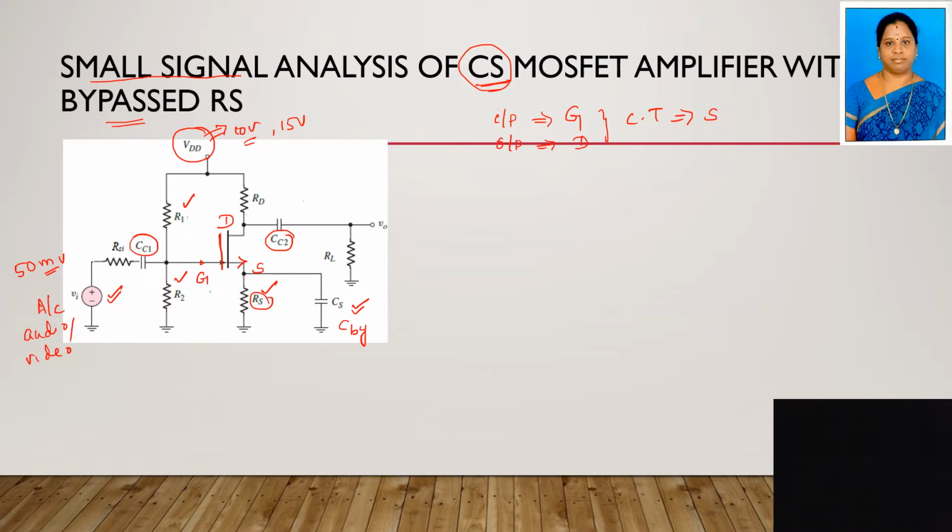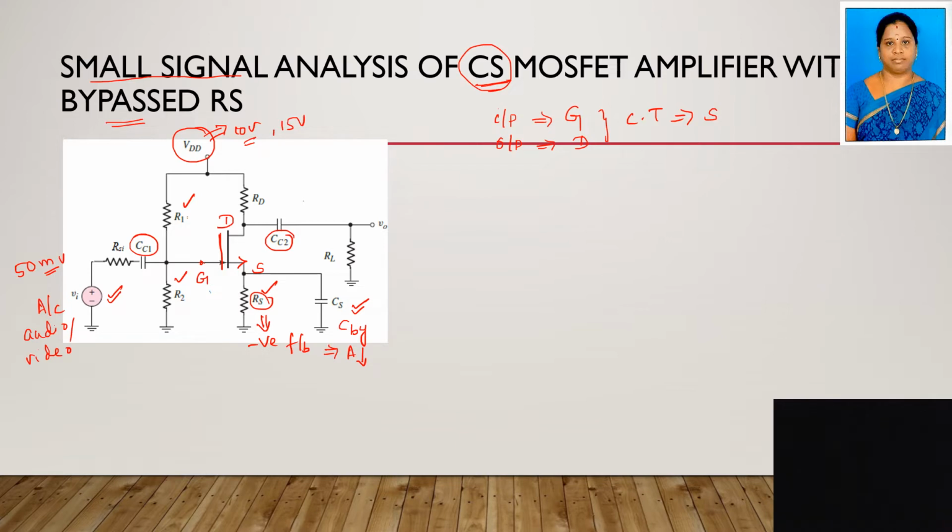But the disadvantage of RS is that it will provide some negative feedback. If there is negative feedback, the gain will be reduced. So we have to keep the Q point in a stable position, and in addition to that, we have to maintain the gain at the same value, right?